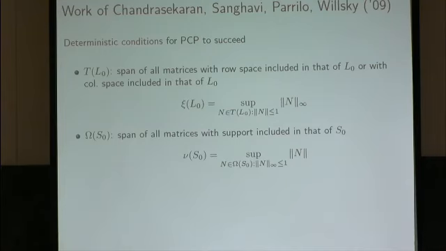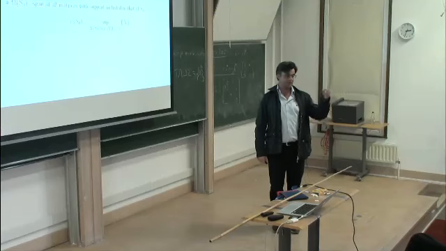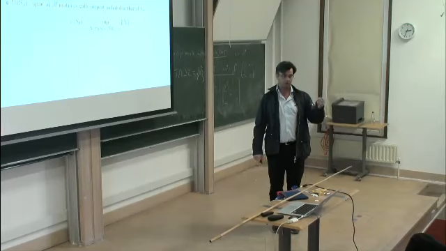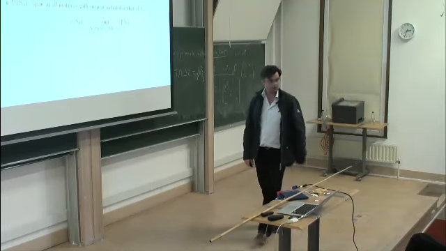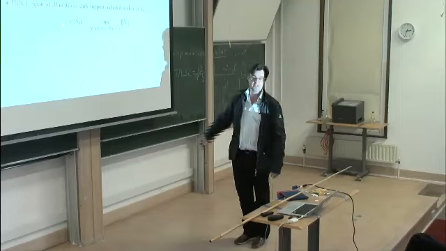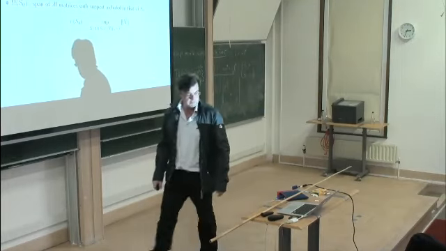So we have two quantities which pertain to these two fundamental subspaces, T and omega, which really are the tangent plane to the manifold of low-rank matrices at the low-rank point, and the tangent plane of the corruption of the S matrix at the current point. Right? These are the tangent planes to these manifolds.